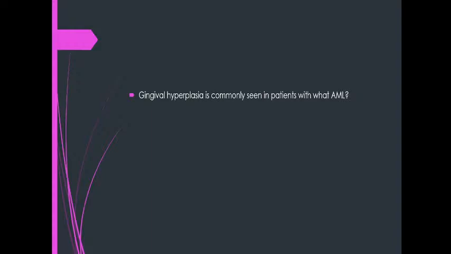M what? M5. Okay? Bakit? Paano ko maaalala, sir? The word mouth has 5 letters. Okay? So, yan na yung mnemonics ninyo. Okay? So, baka mamaya ang dami kong binigay sa case presentation. Tapos makikita mo lang, the gingival cavity is somewhat hyperplaced, or has hyperplasia.